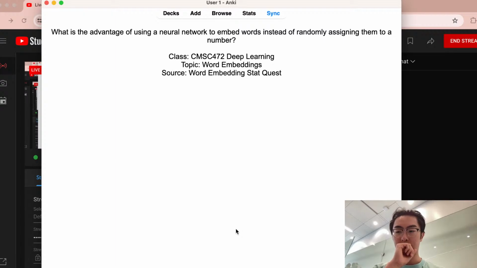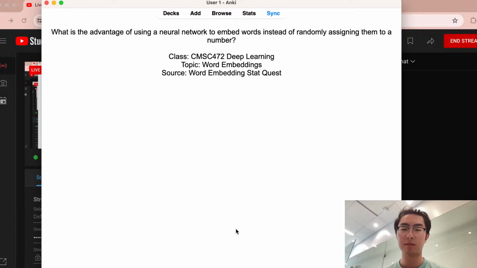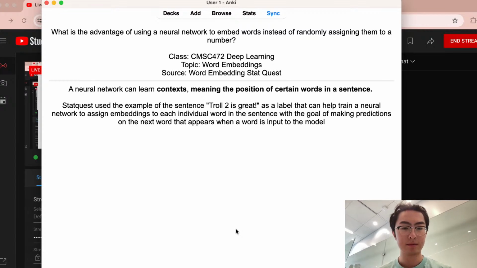So it takes into account learning the position of the word and also how that might affect the meaning of the word itself and its relationship with other words in a sentence. I think maybe that's a better way of saying it. Okay.